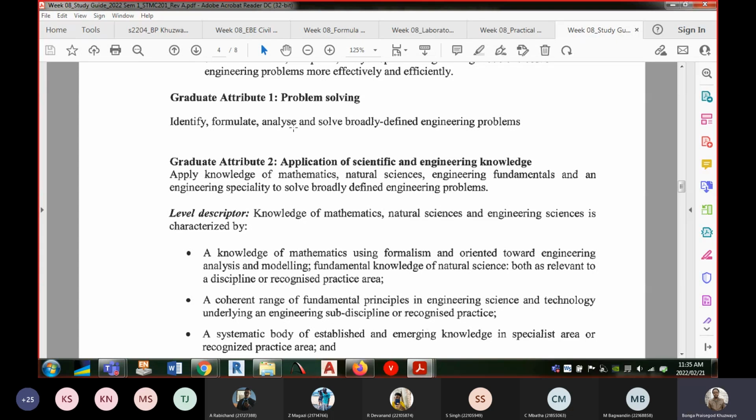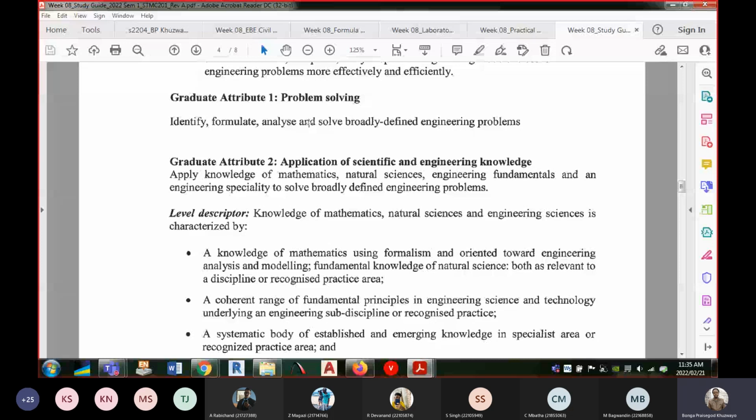Okay, you cannot graduate or complete the qualification if you do not satisfy all 11 graduate attributes. At this stage, I'm not testing any, but I have a responsibility to develop at least 3 graduate attributes.